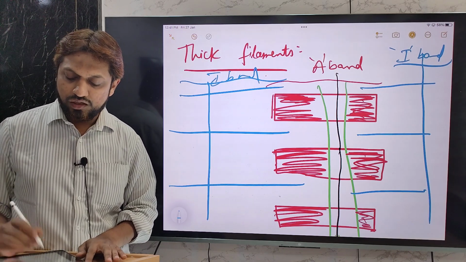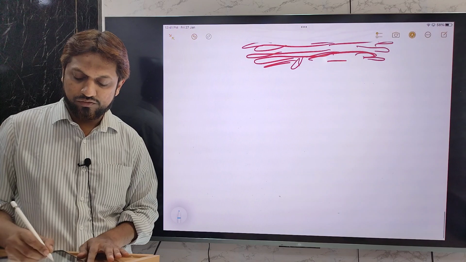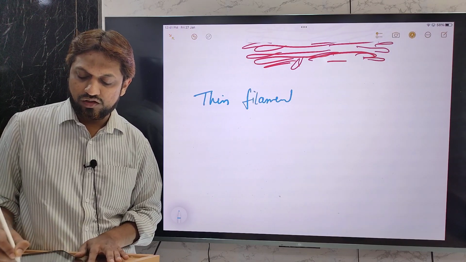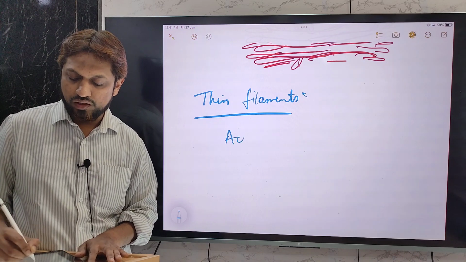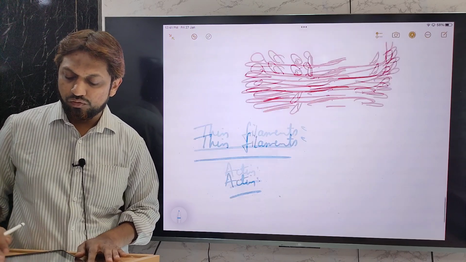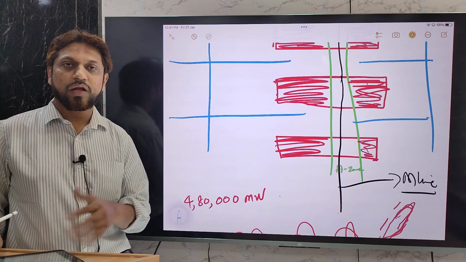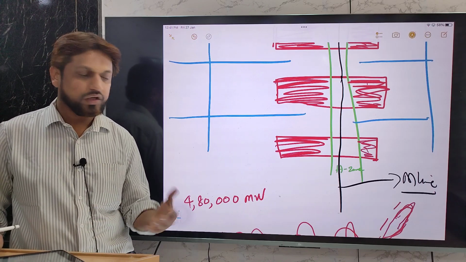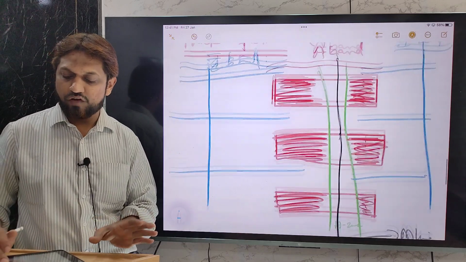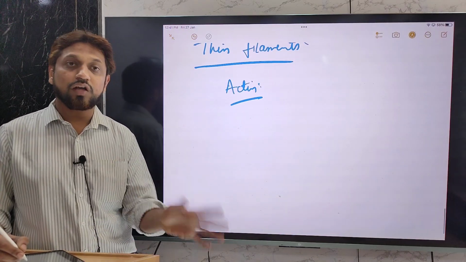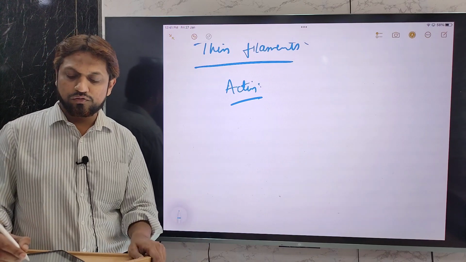The I band is mainly made up of the thin filaments, and the thin filaments are nothing but actin. In the thick filament, around 1500 myosin molecules will be present in one myofibril, whereas around 3000 actin molecules will be present.